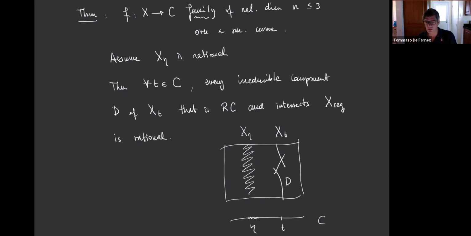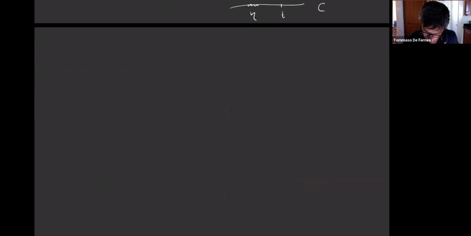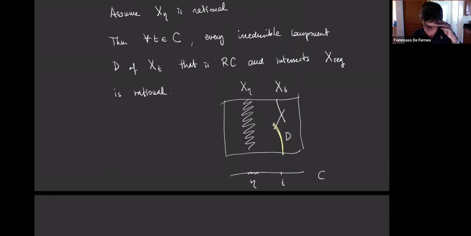I just want to make sure that it's not fully contained in the singular locus of X and is rationally connected. Then the statement is about these components here. In particular, if it's a family of varieties, then the fiber over t will satisfy that because it's reduced, so it has to intersect the smooth locus of X, and then I only need to assume it's rationally connected. Any questions on the statement?